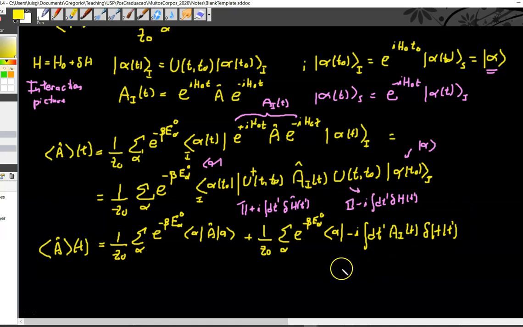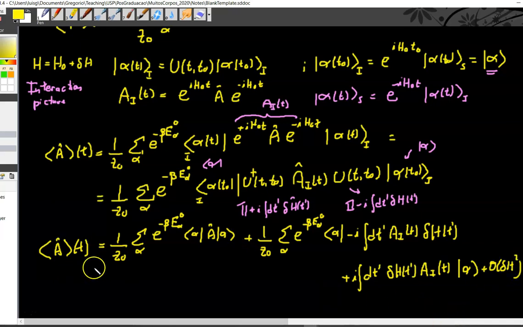Now there is going to be a second term, which is this plus i integral dt prime. Now there's going to be a delta H at t prime times the A_I at t, and that's it. All the other terms are order delta H squared.